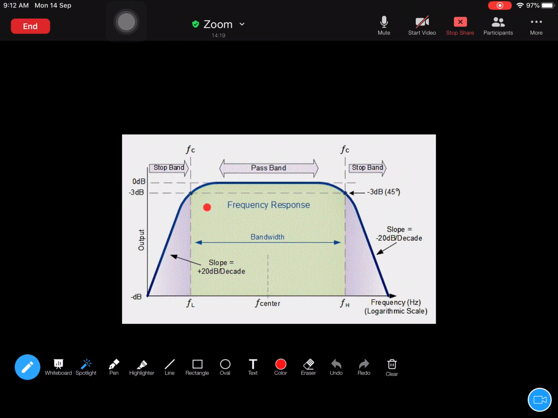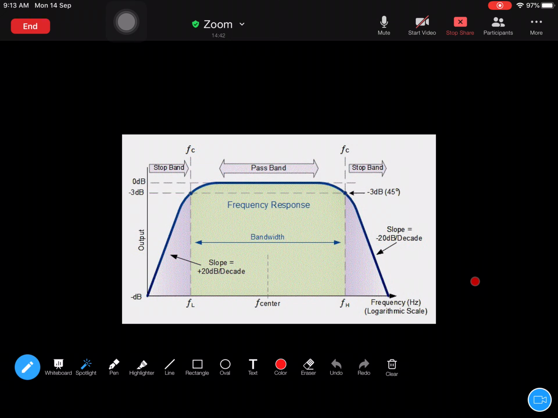Once the frequency goes below FL, the gain goes to lower values. The gain reduces dramatically, and here also, above FH, the gain reduces dramatically. So beyond these two frequencies, FL and FH, it is not desirable.